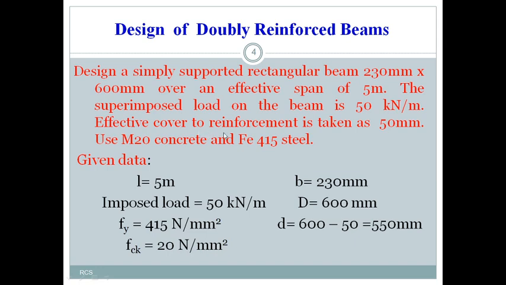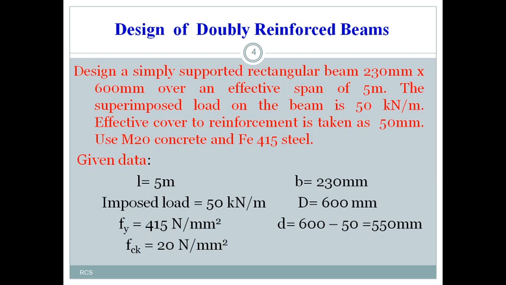And the effective cover to reinforcement is taken as 50 mm. Reinforcement is provided, but we don't know initially whether we have to provide it in the compression zone or the tension zone. After a few steps, we have to calculate whether we are designing a doubly reinforced beam or a singly reinforced beam.